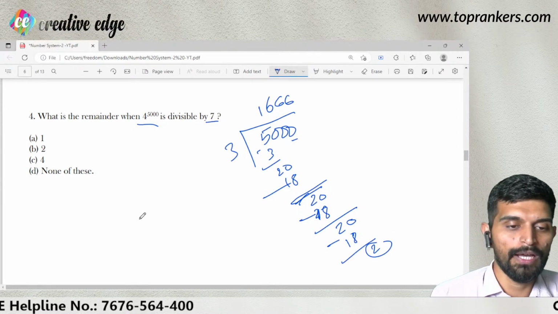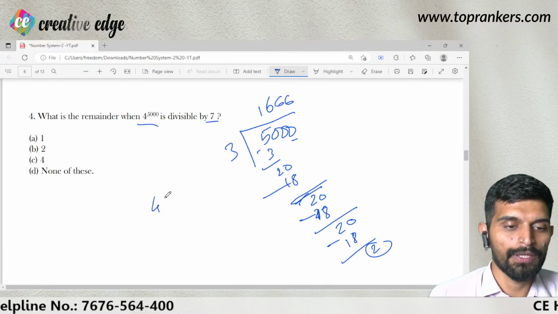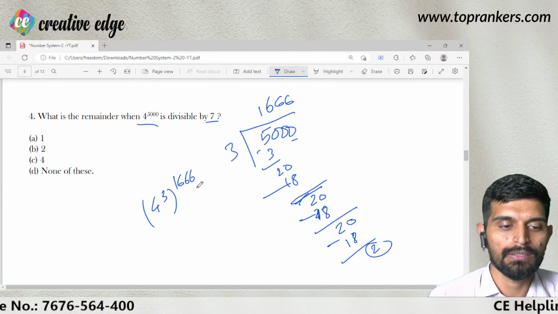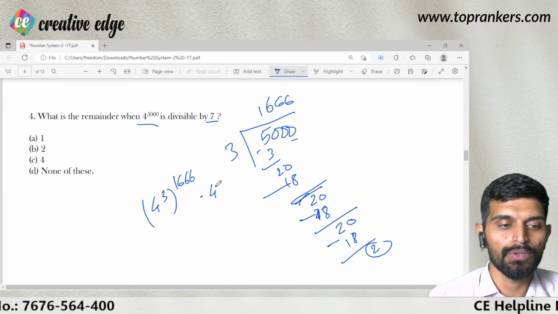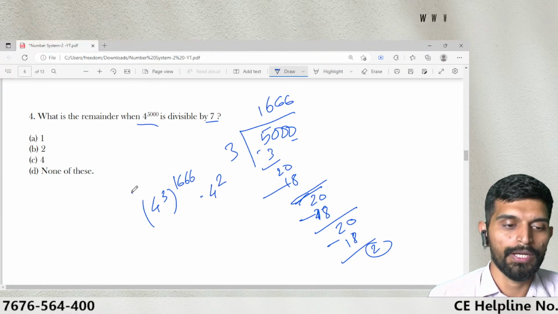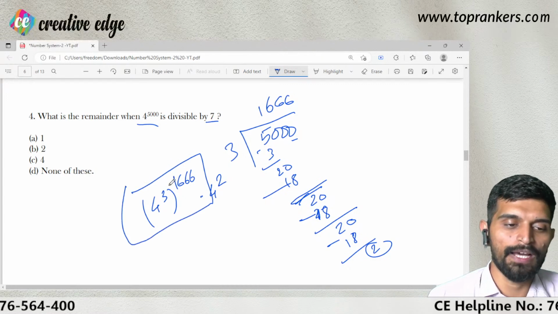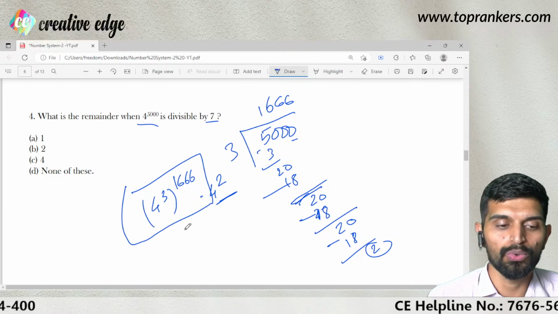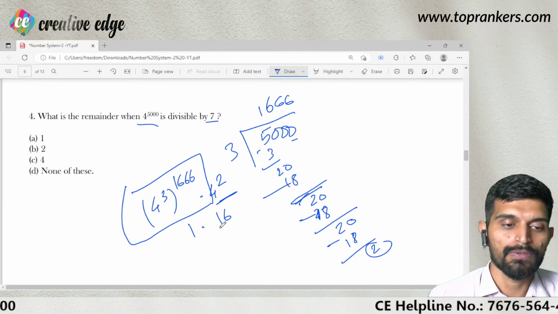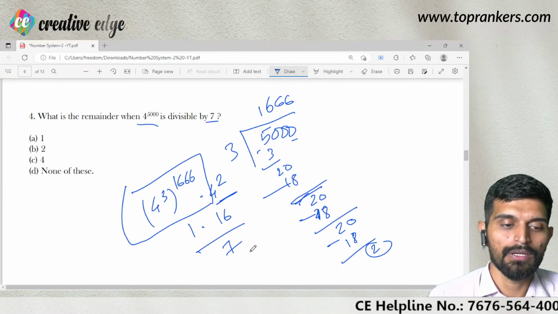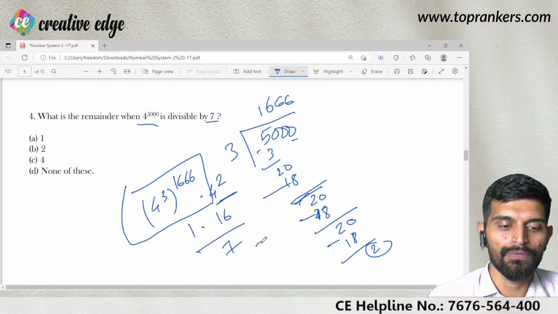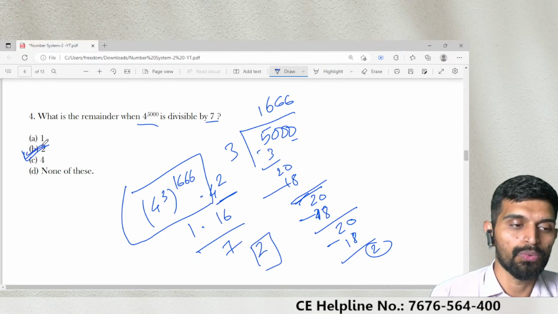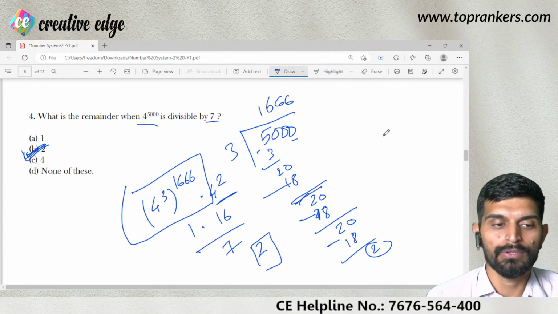So we'll have 4 to the power 3, whole to the power 166, into 4 to the power 2. For the first part we'll have remainder 1, and for 4 to the power 2 we'll have 16. When 16 is divided by 7, we'll have a remainder of 2. So the answer to this one is 2.